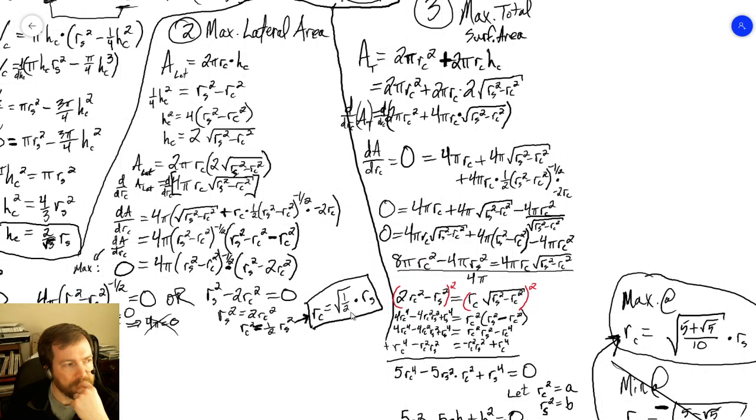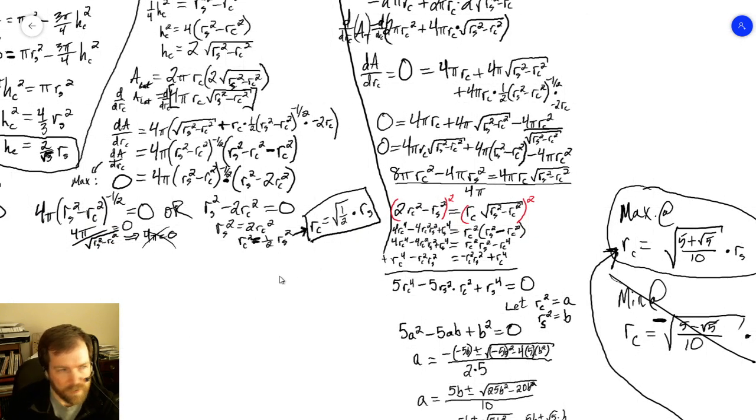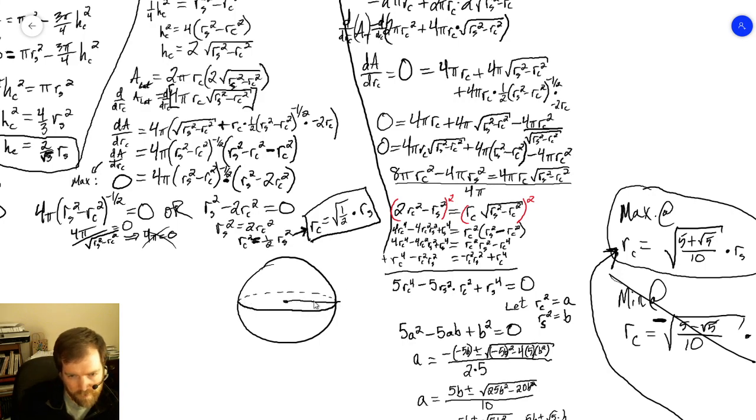Max lateral area. Let's see, this was 71%. So this is what I do with my trig classes, is I look at this and I say, okay, you got a sphere. This would be like the unit circle, but I'm usually saying, okay, there's half, there's 3/4, and so like 71% is about there.